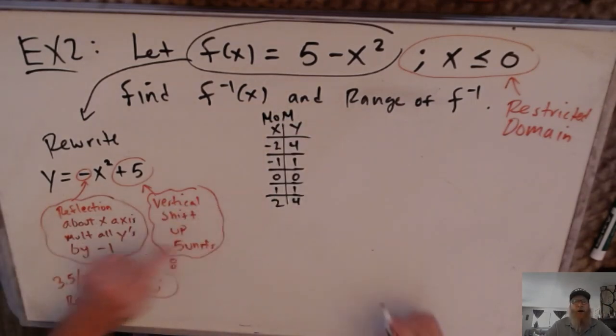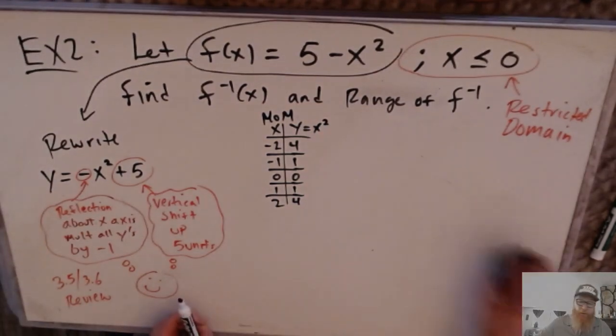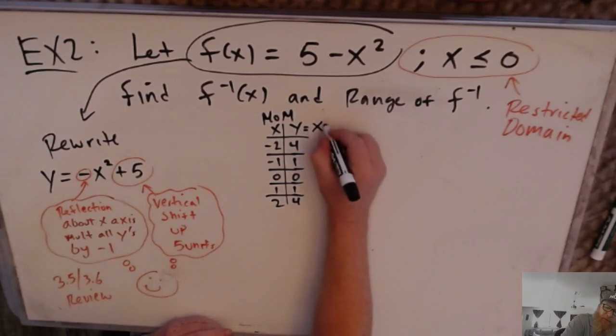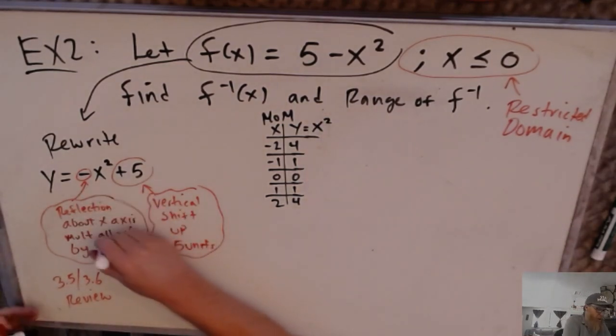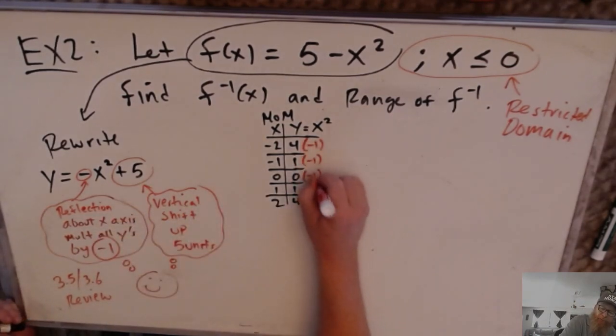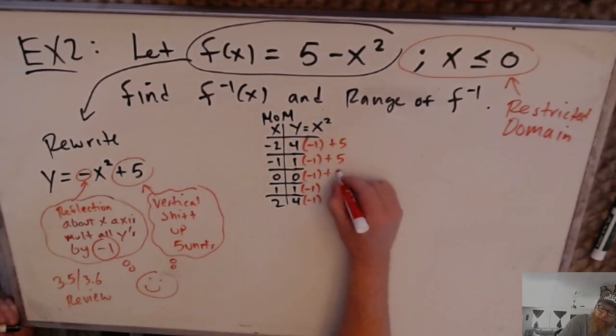That is your y equals x squared, traditional parabola that we've been spending a lot of time with. So we got y equals x squared. So now we're going to multiply all of the y's by -1. And then we're going to add 5 to all the y's.